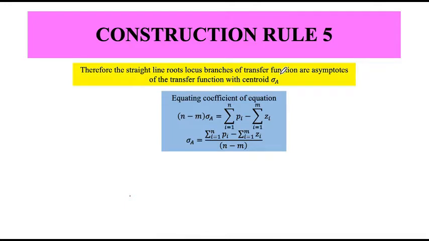So what is the relationship here? From comparing those two equations, I will get this equation. If I just equate this, I get something like this, n minus m times sigma a, and this sigma in a general way, because of what I showed earlier, when we were looking at the angles.